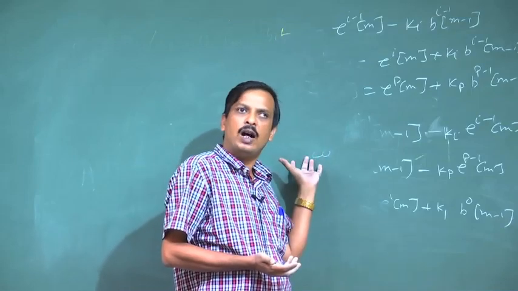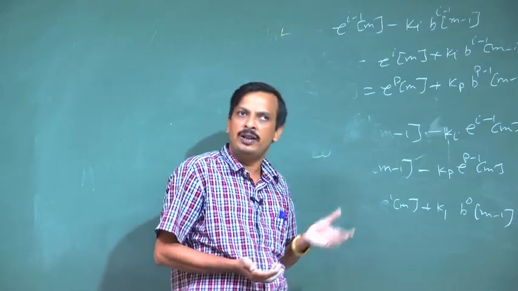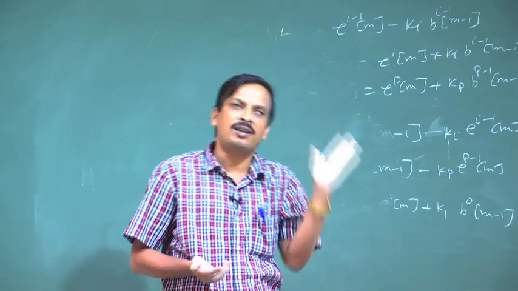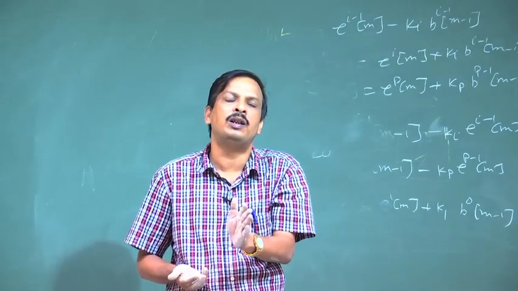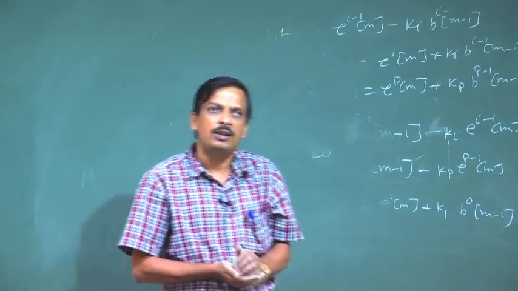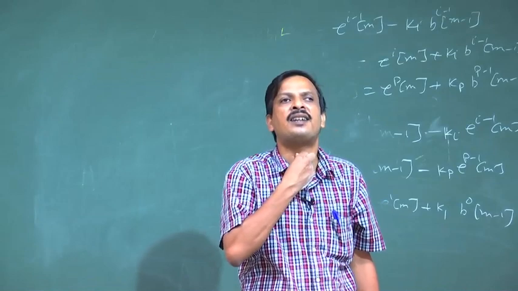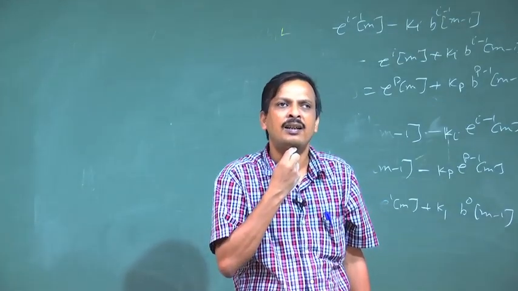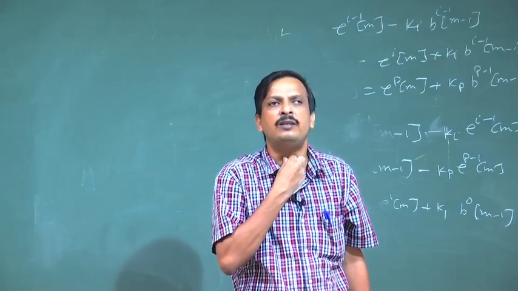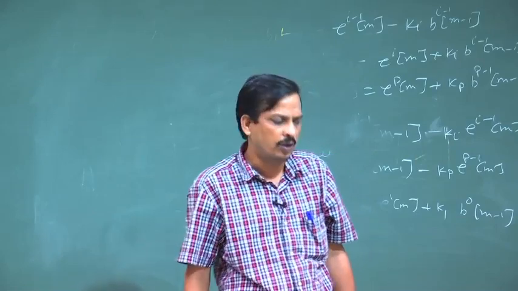Record a vowel A, take a 20 millisecond window, pass it through A(z), find e(m), then pass e(m) through the 1 by A(z) implementation and get back s(m) again. The error signal consists of excitation and gain. If it is a noise signal, a fricative sound, then it is nothing but gain and noise.